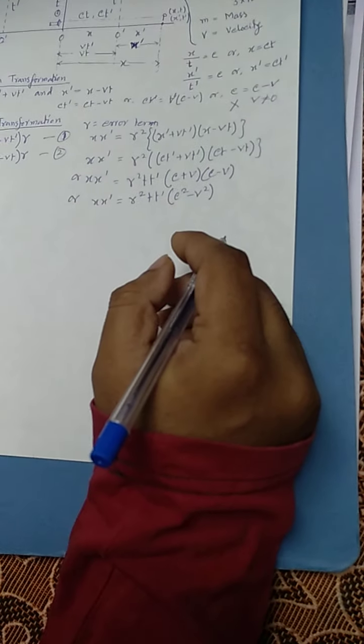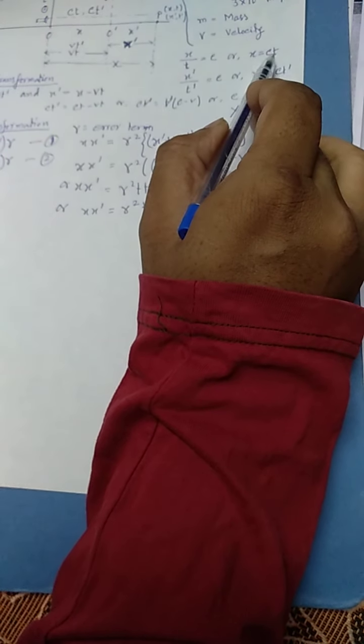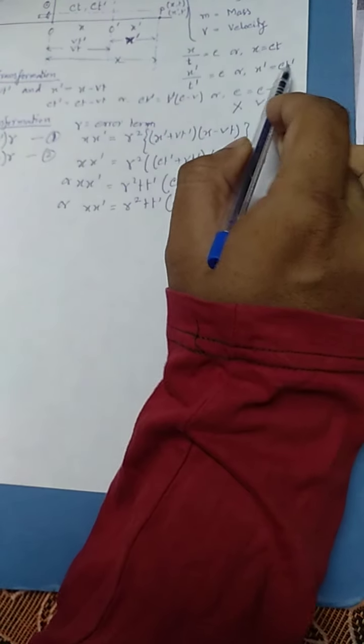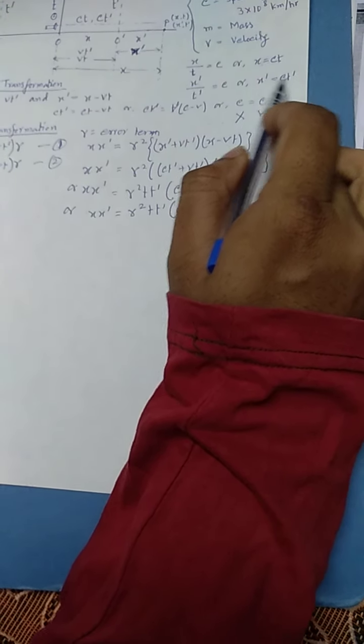Now if x equal to ct, then t equal to x by c. If x prime is equal to ct prime, then t prime equal to x prime by c.